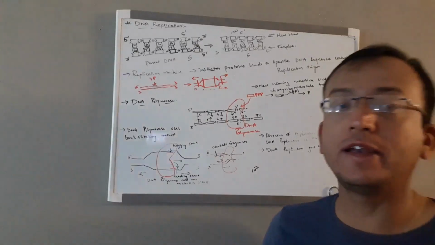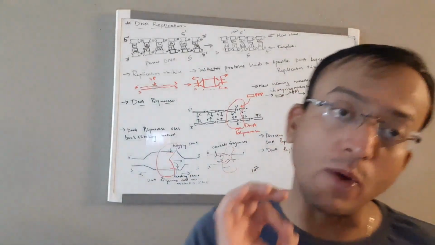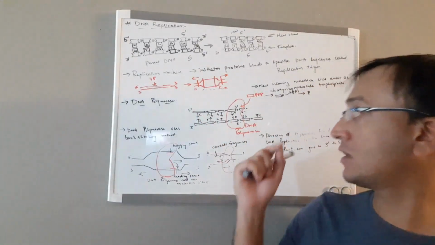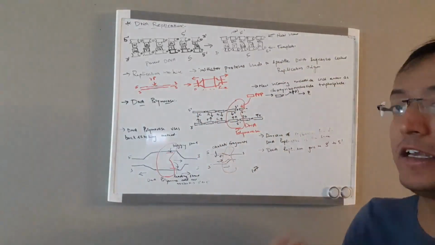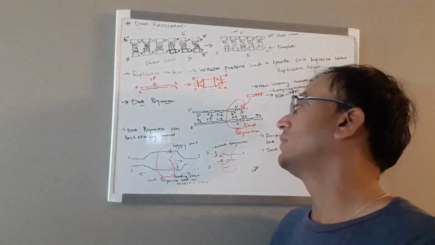And when the DNA polymerase makes a rare mistake and adds a wrong nucleotide, it can correct it through an activity called proofreading.